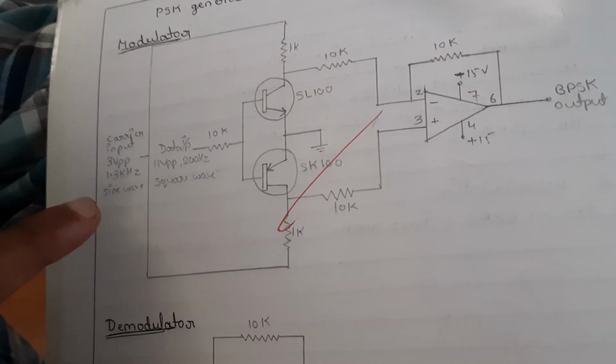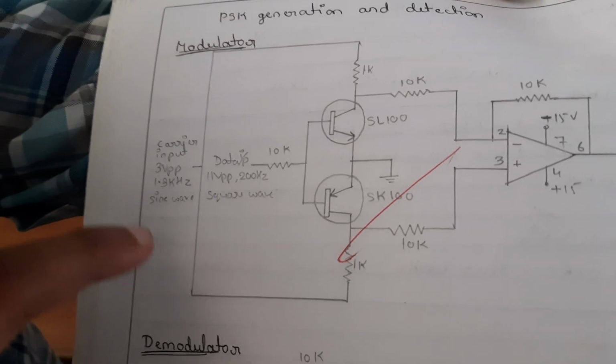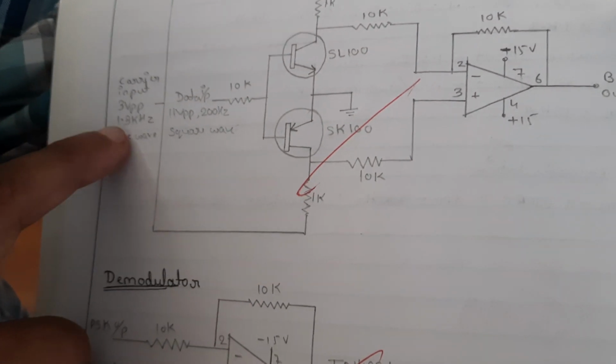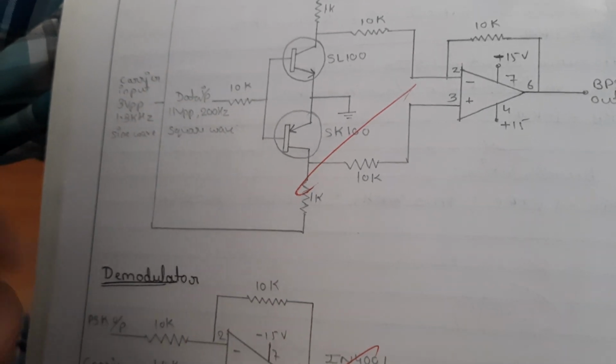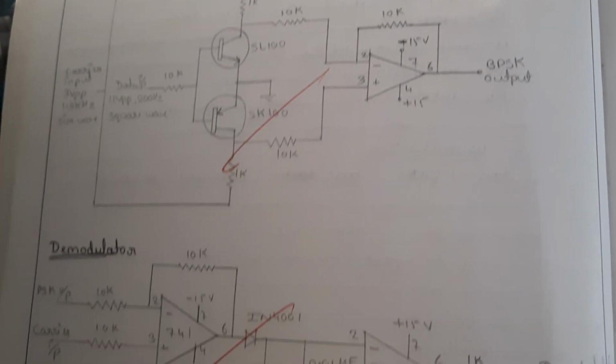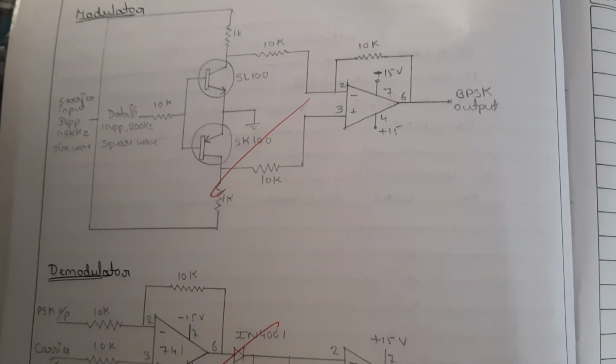The carrier signal you have to set from the ASD, and you get the data input from the ASD, and you have to see the respective adjustment in the CRO. The first one is the carrier signal.